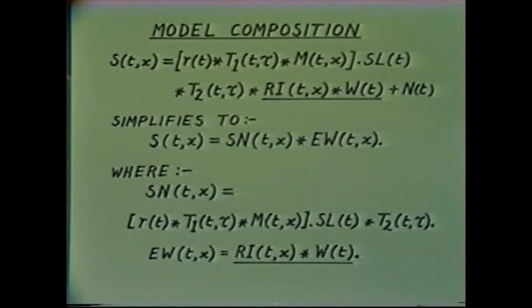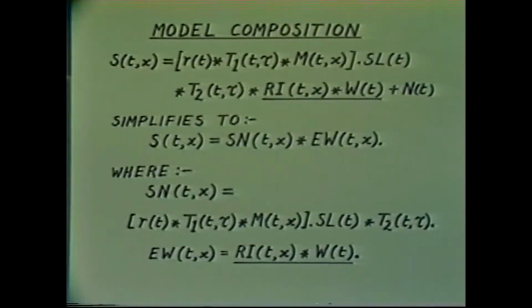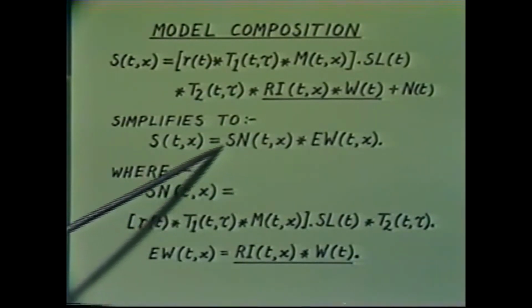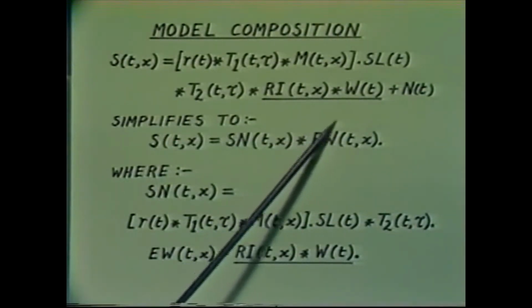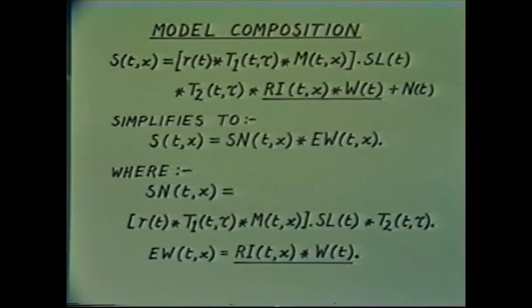Now, we're going to look at the terms one by one in the convolutional model and see how they are combined to build up, first of all, the so-called synthetic record, and then how the other terms combine to produce the effective wavelet. And we're going to look at the characteristics of these various components in both the time domain and the frequency domain.